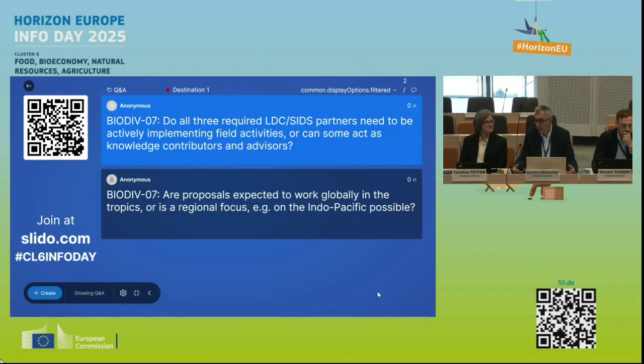Some can be knowledge contributors, as you have spoken before, for instance, in terms of IPLCs, or they can be advisors, or they can have the hands on the ground, let's say, supporting the project in the restoration. That really depends on the type of proposal foreseen by the consortium.